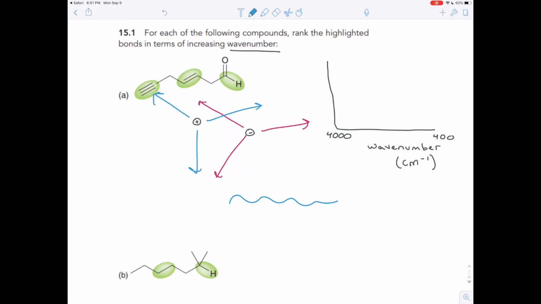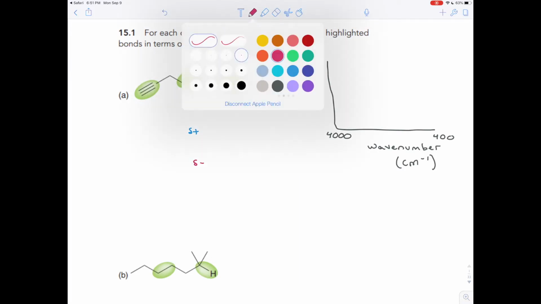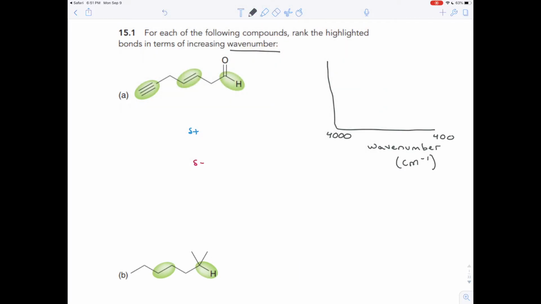One of the ways you can do it is you can have a bond with a dipole, so a bond that is not completely nonpolar, and so one of the atoms will have a slight positive charge, another atom would have a slight negative charge. I'll just put a circle for an atom, because I don't want to be specific right now, but the bonds between them vibrate, sort of like a spring.